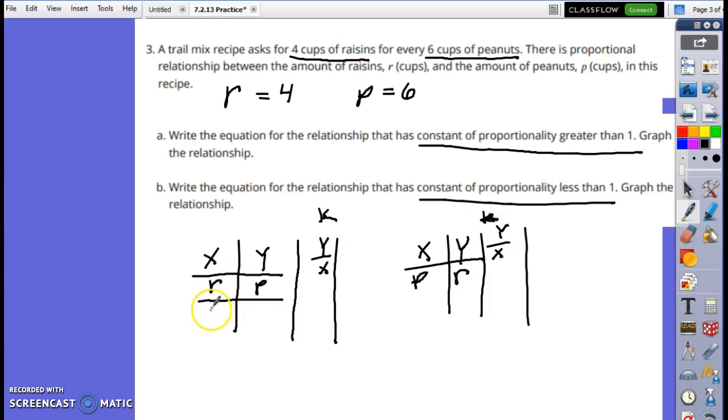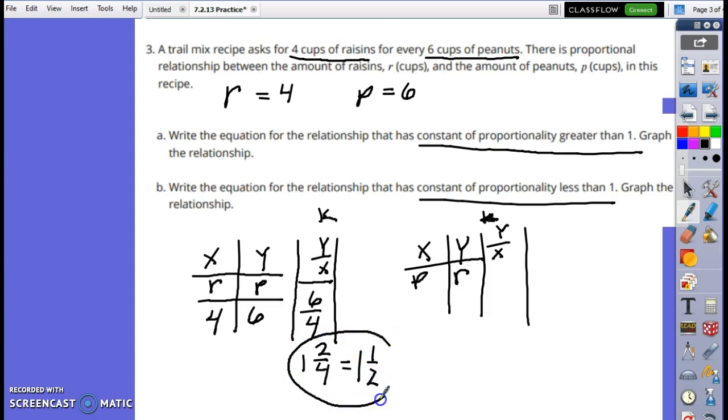So here we have raisins is 4, peanuts is 6. So my constant of proportionality is y over x, 6 over 4, and that gives me a constant of proportionality of 1 2/4 or 1 1/2. And that's my constant that is greater than 1.